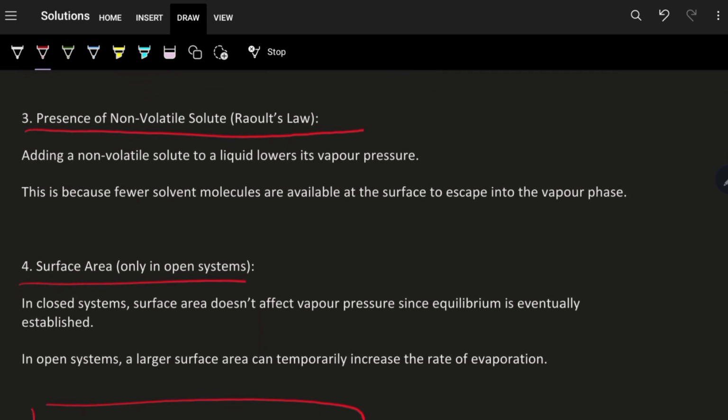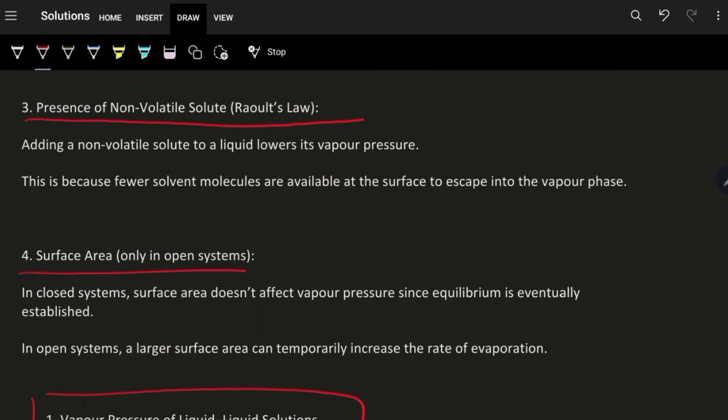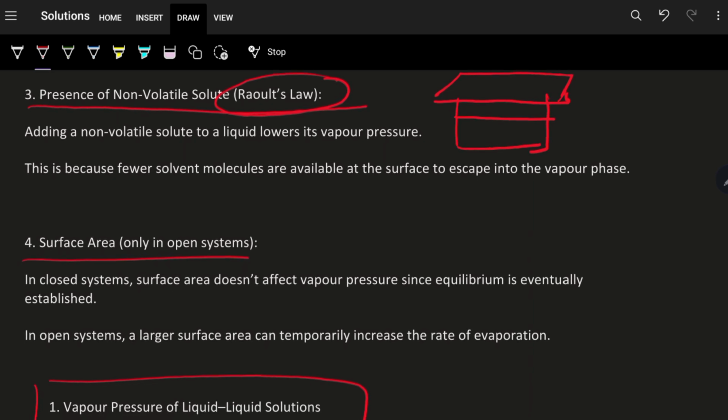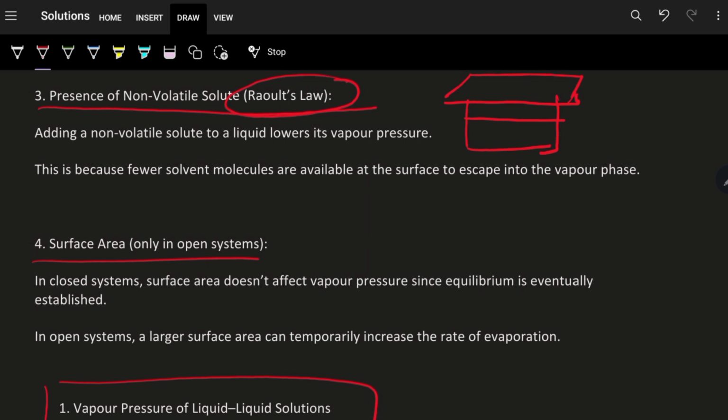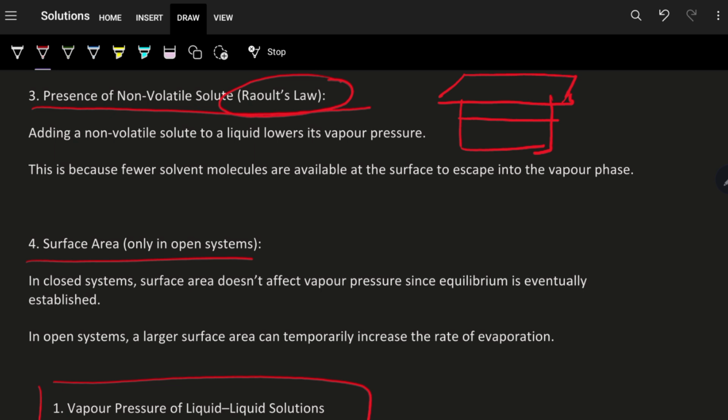The third factor is the presence of a non-volatile solute. That is Raoult's law, which we will discuss again. I am assuming that every liquid has some sort of volatility. The volatility can be more if the interaction between the liquid particles is weak, and the volatility is less if the interaction between the liquid particles is stronger.